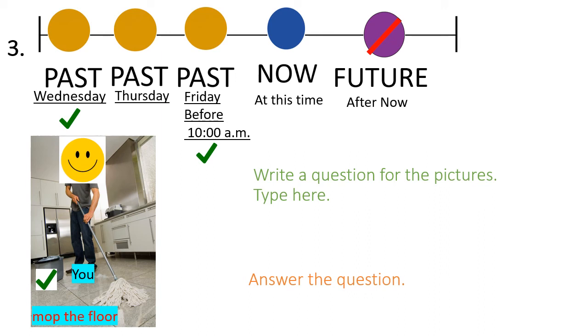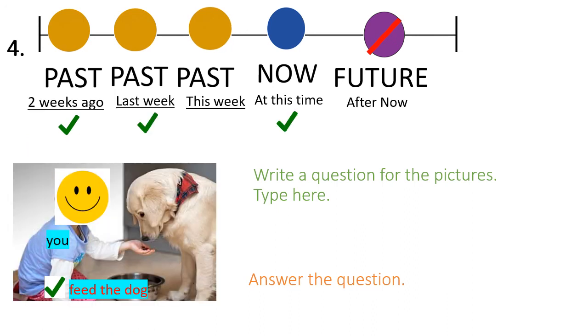All right, and here's another picture, but this time I see green tick marks. So what does that mean? There's one thing different about this picture. Now we're talking about you. All right, so if you put this word you in the question, how do you answer the question for this picture?